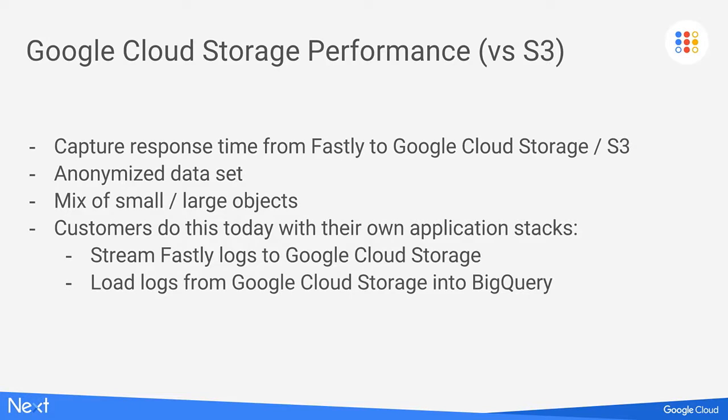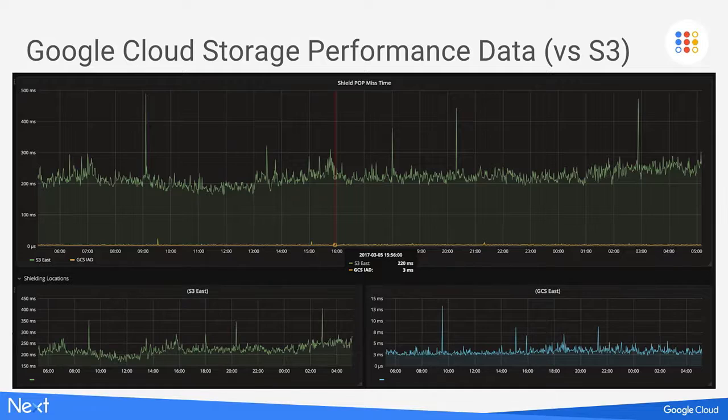And so I went and looked at some performance metrics that we're collecting from Google Cloud Storage versus Amazon S3. And this is not a synthetic test. This is actually looking at very, very large data sets of content being fetched from both. And the difference is pretty dramatic. So the scale on the lower is different, but what you're seeing there is an average time to first byte of 3 to 5 milliseconds versus 200 milliseconds.